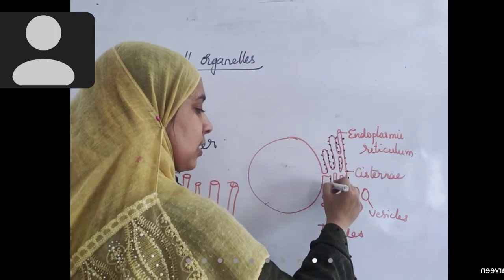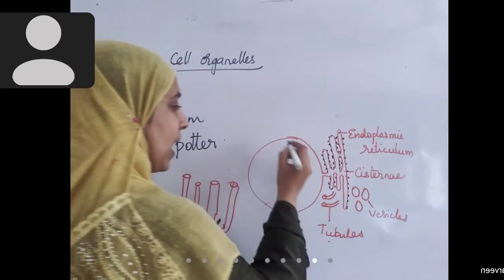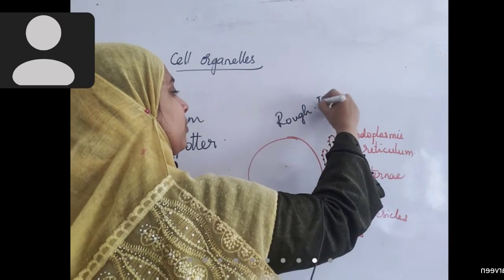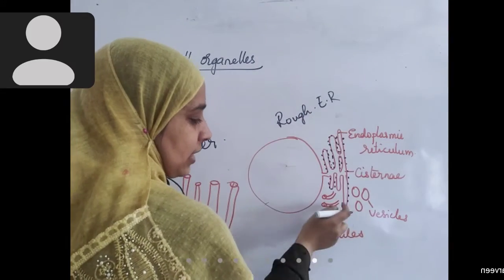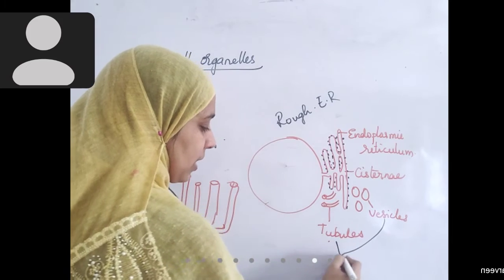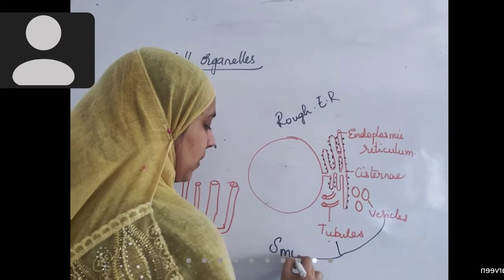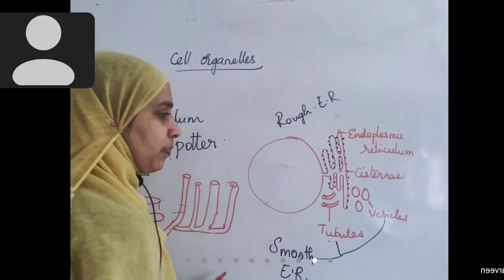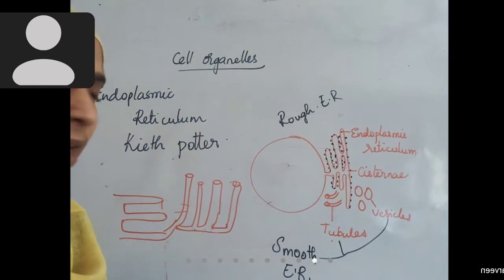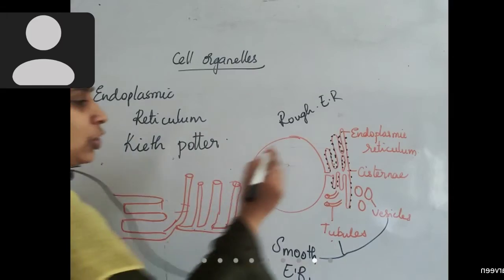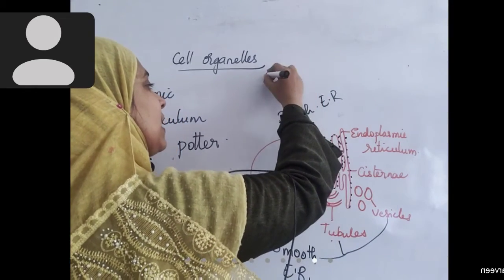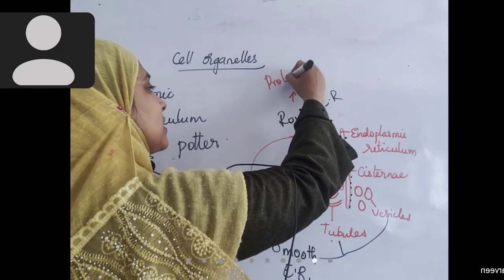This part is called rough endoplasmic reticulum. These two come under smooth endoplasmic reticulum. The rough endoplasmic reticulum has ribosomes, so it helps in protein synthesis.